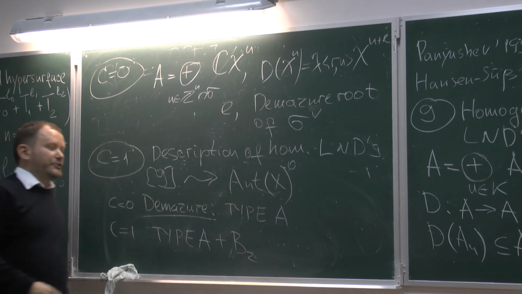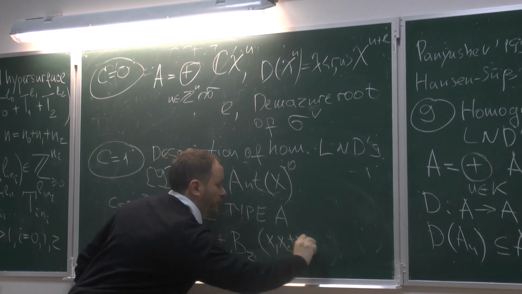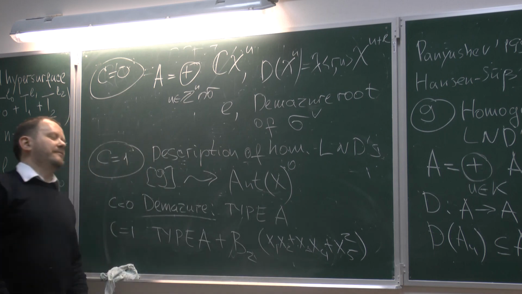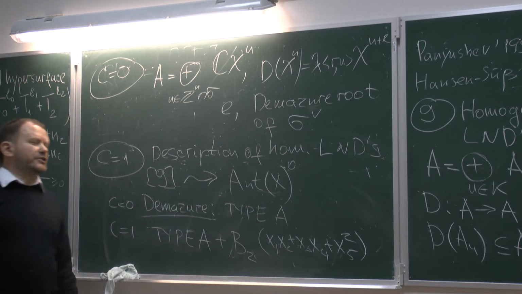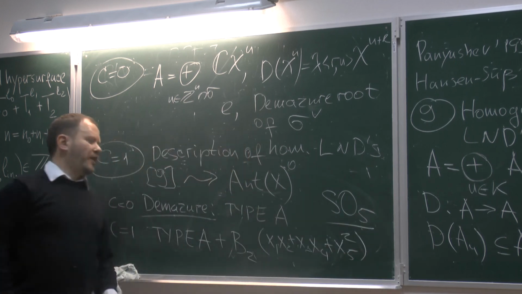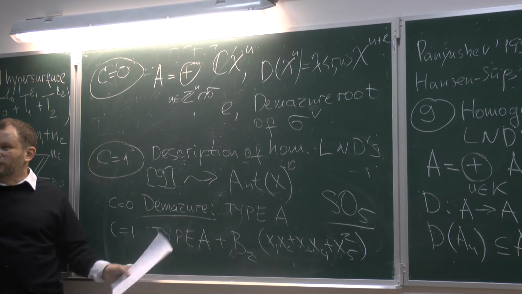And this is just because of the trinomial x1x2 + x3x4 + x5 squared. This is a trinomial, and it corresponds to the automorphism group, orthogonal group SO of 5, and this is precisely this root system. So something new here for complexity 1.